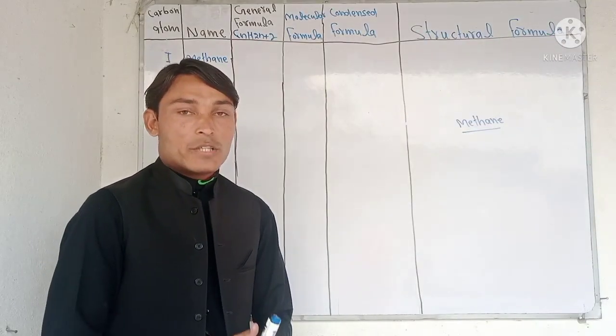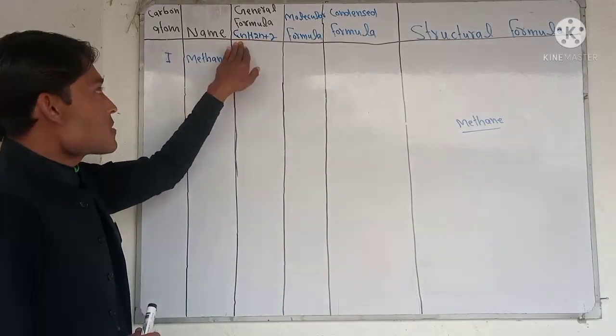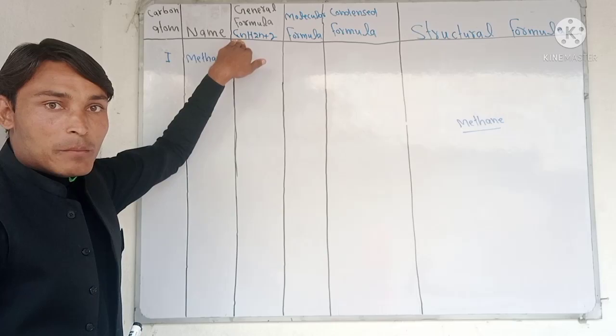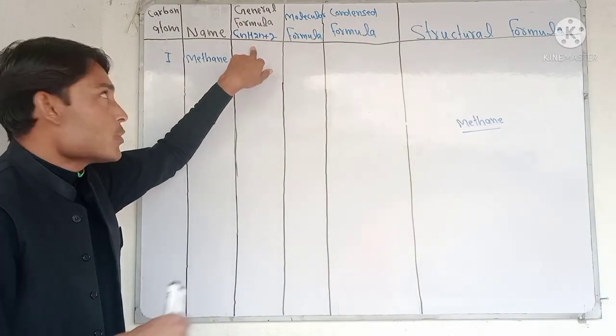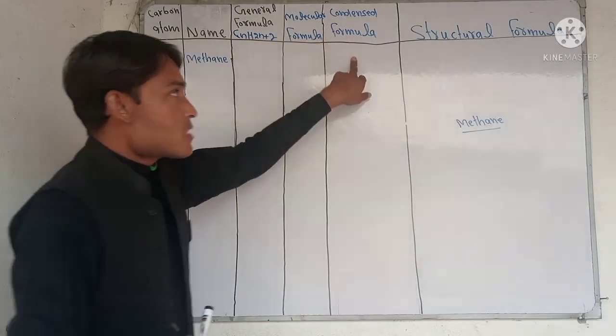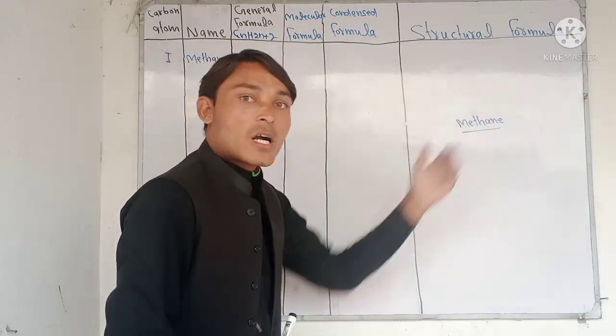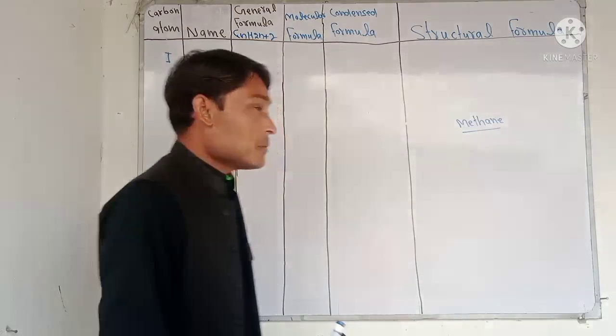As we know, the general formula for alkane is CnH2n+2, where n means the number of carbons, H2n means hydrogen 2n, and plus 2. Then there are the molecular formula, condensed formula, and structural formula. Let's talk about them one by one, and also we will discuss how we can change from one form to another.